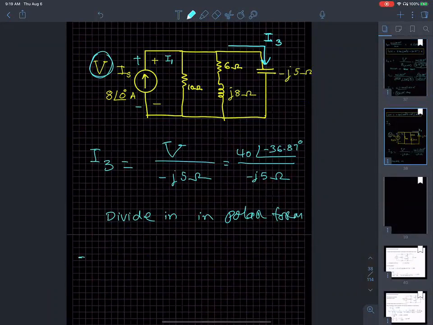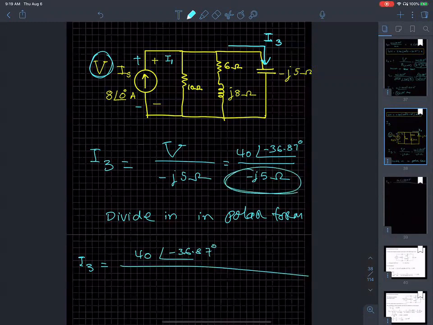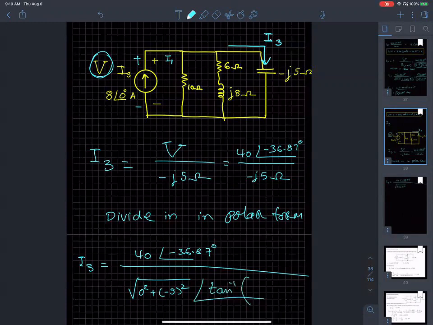So I3 is going to be 40 angle negative 36.87 degrees divided by the polar representation of negative J5 ohms. That is square root of real part squared plus imaginary part squared, and the angle tan inverse of real part over imaginary part.